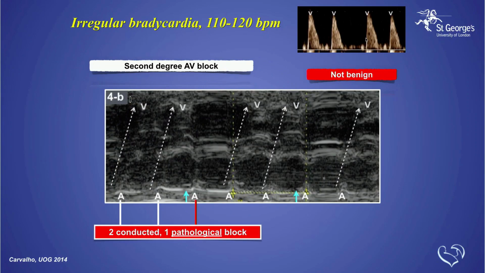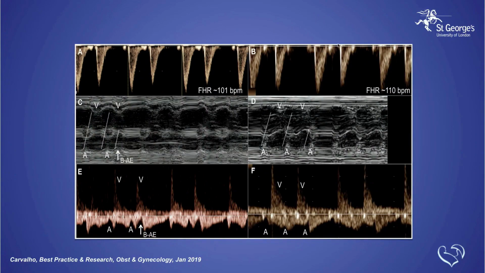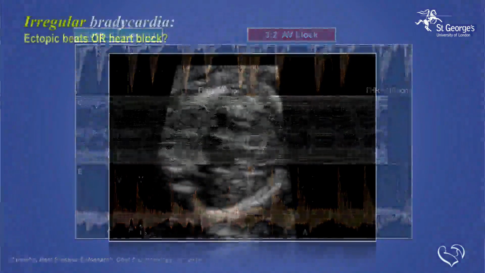So these patients obviously do need to be assessed as a matter of urgency. This is the same picture I showed you before, which is combining, because this slide forms part of the atrial ectopics, but it also forms part of the relative bradycardia. So one is blocked bigeminy and 3-to-2 atrioventricular block.